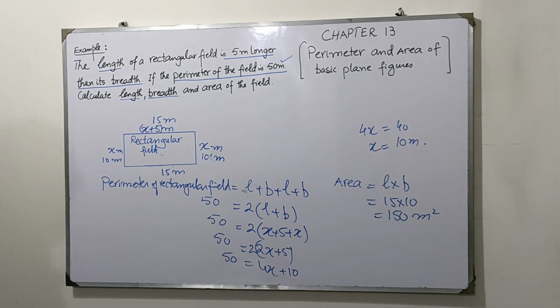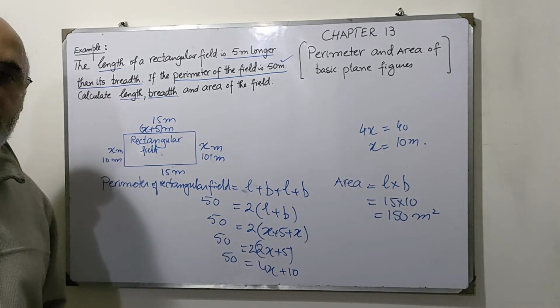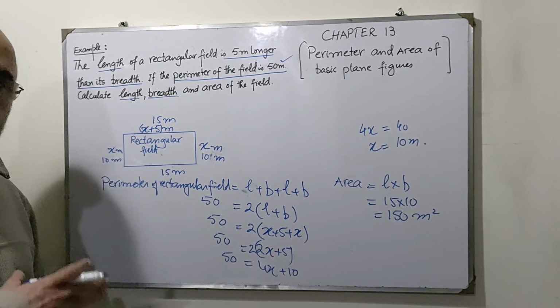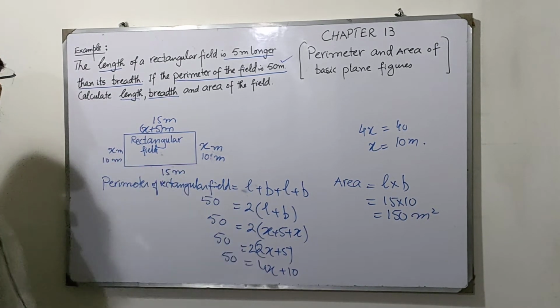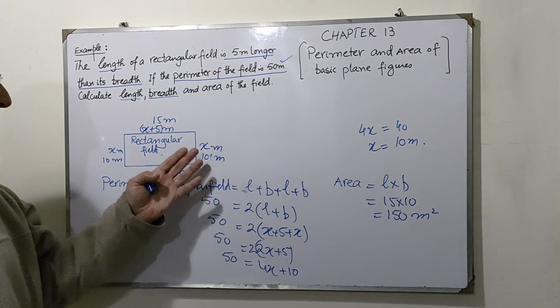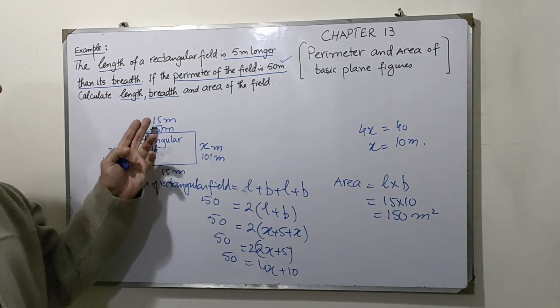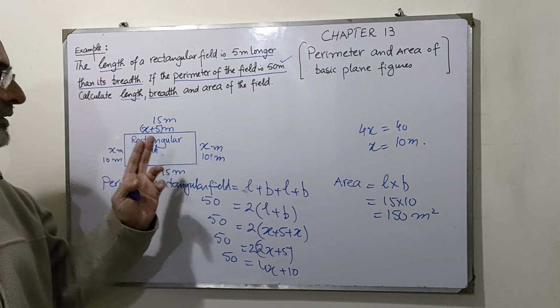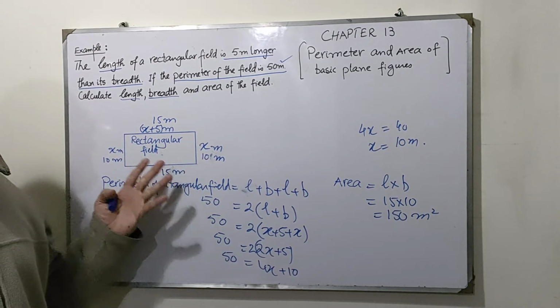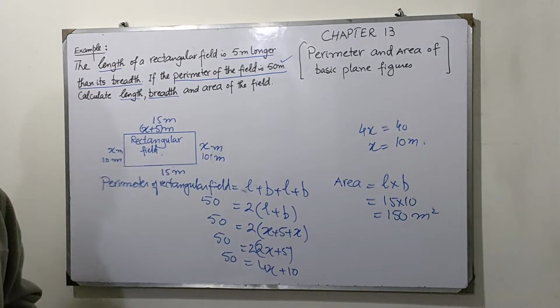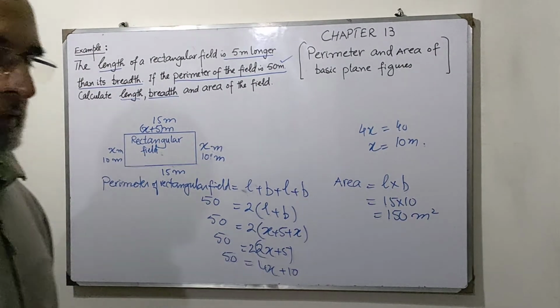If this is clear to us, let's add something to this field we have already worked on. We have a rectangular field of length 15 meters and breadth 10 meters. Let's add something to it, and then we'll see how to calculate that.